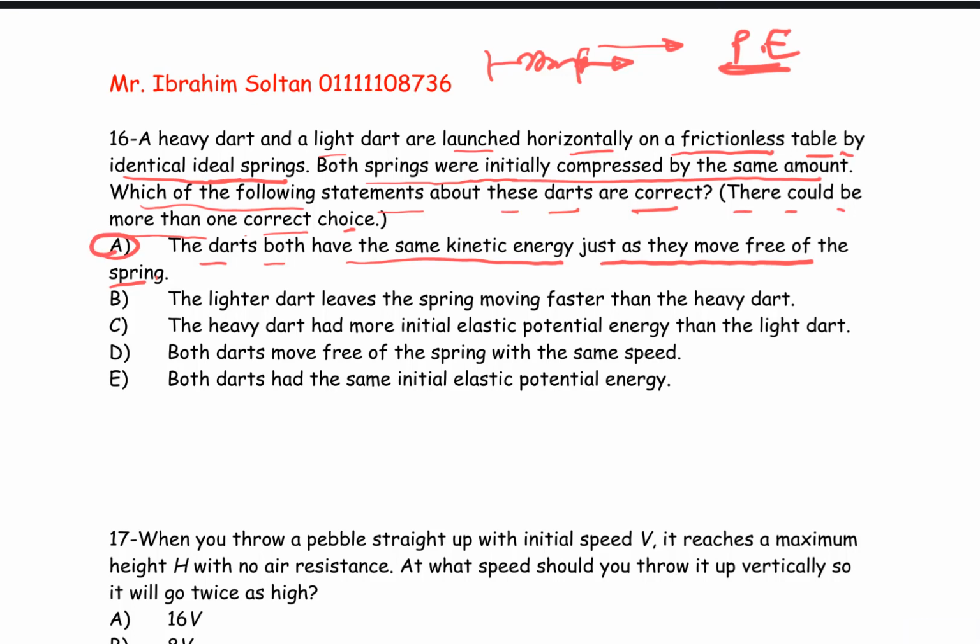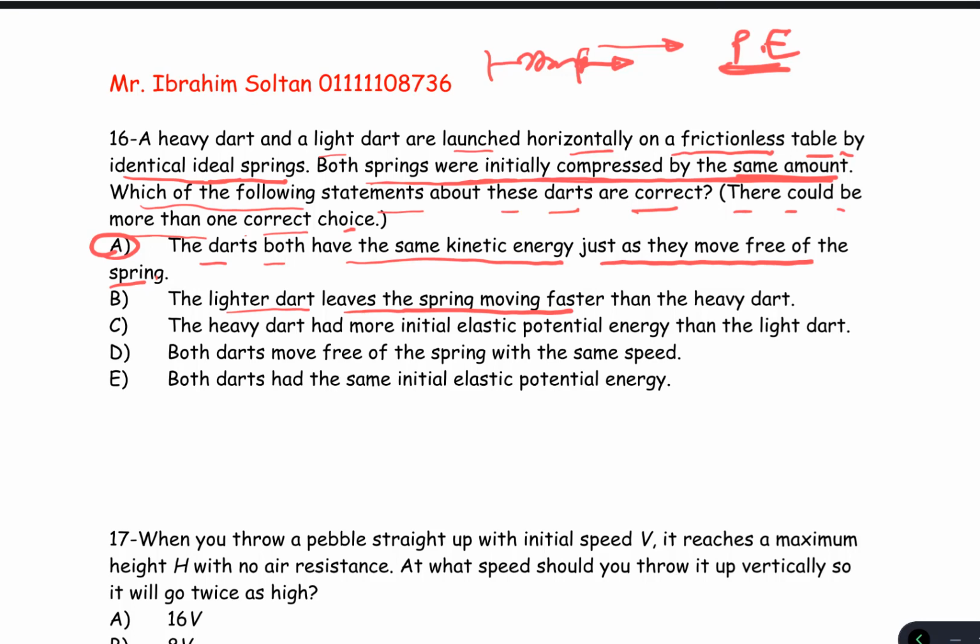Why did you say that? Because both springs were initially compressed by the same amount. Letter B: the lighter dart leaves the spring moving faster.